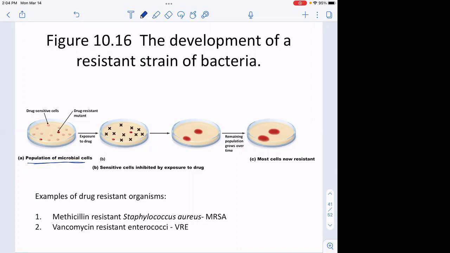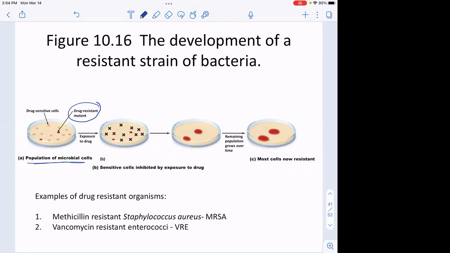So we get a lot of mutations, and every once in a while you might get a mutation that's actually beneficial to the organism. You might get a drug-resistant mutant. But oftentimes we think those drug-resistant mutants aren't quite as fit. They get out-competed by other organisms. So a lot of times those probably don't persist. They don't become the dominant strain.